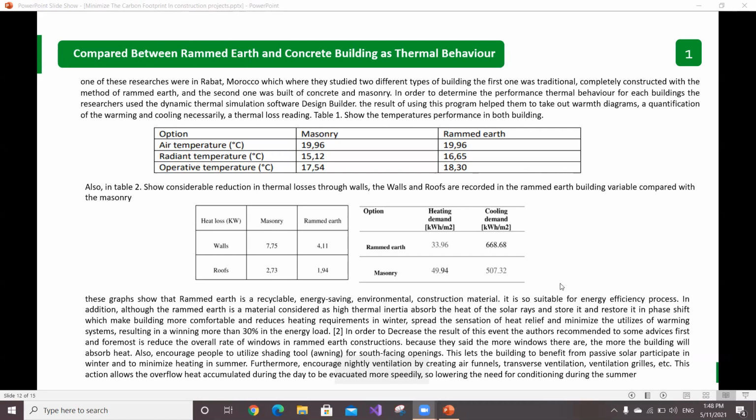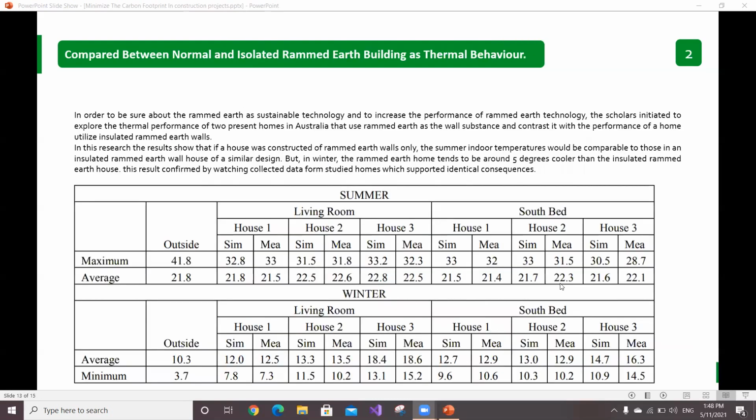I found that rammed earth doesn't lose heat, and it's better than the concrete building according to the design. There are some factors inside this study, but we focused just on the material, and we found it's better than concrete.